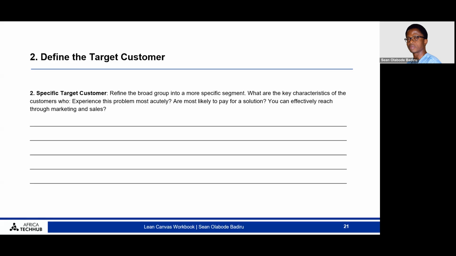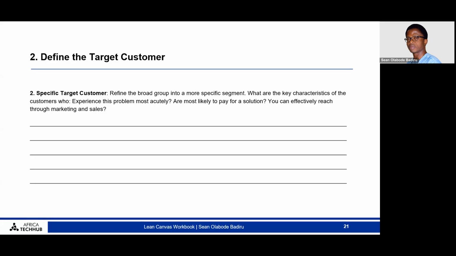They experience this problem most acutely, they are likely to pay for a solution, and you can reach them. Either you have their email, you can target them on social media or reach them through any means, but you are able to reach them. They are able to see your marketing copies.